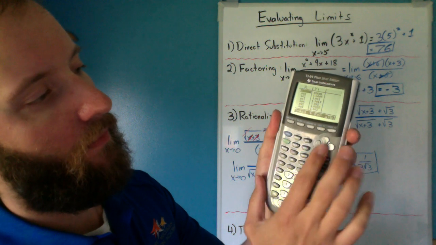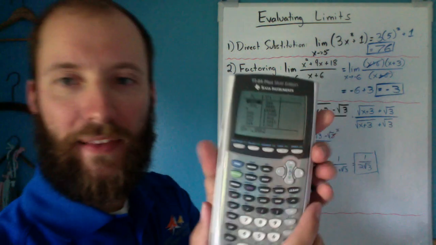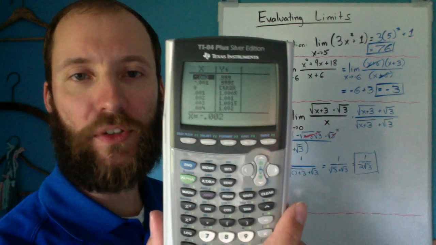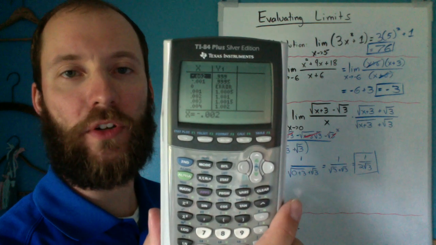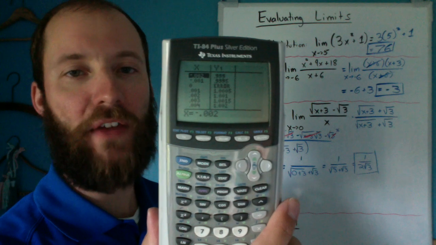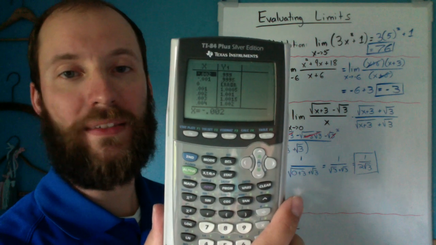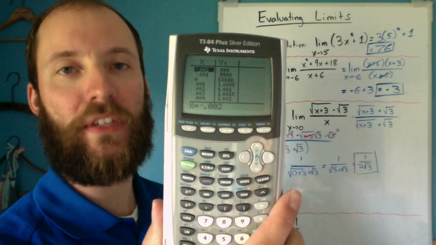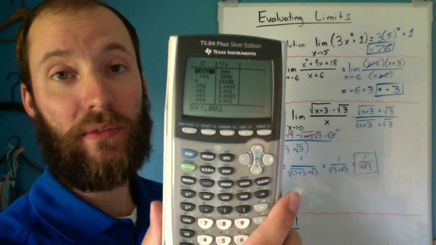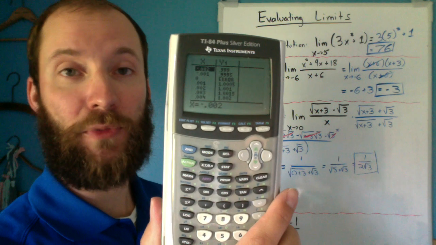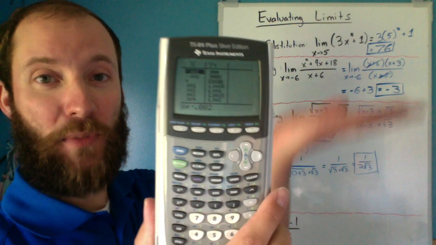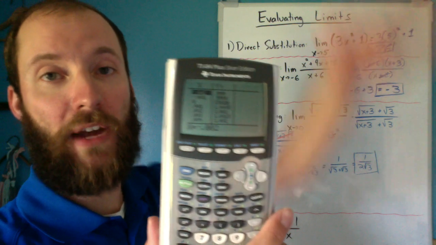And look at that. Now to the left, negative 0.001 is 0.9995. To the right, 0.001 is 1.0005. We're getting close. As we come in from the left, we're coming up towards y equals 1. So coming from the right, we're going down.